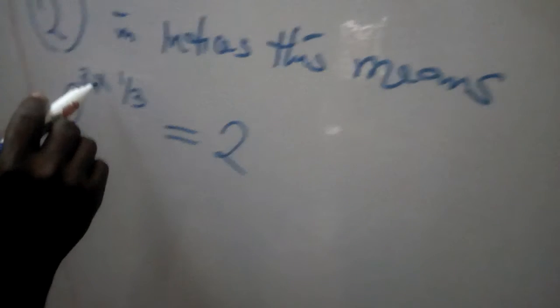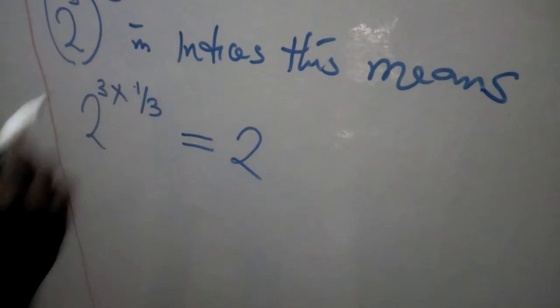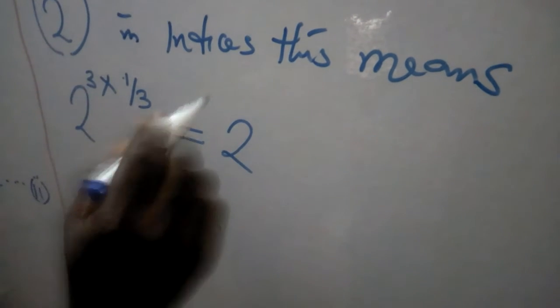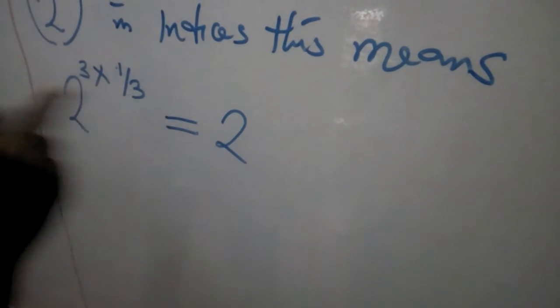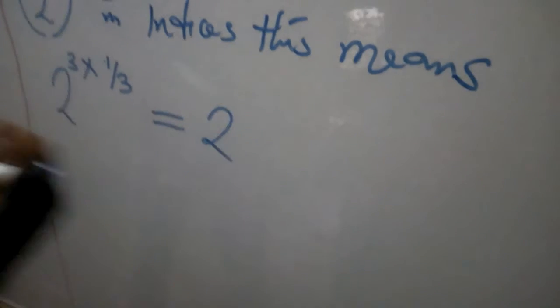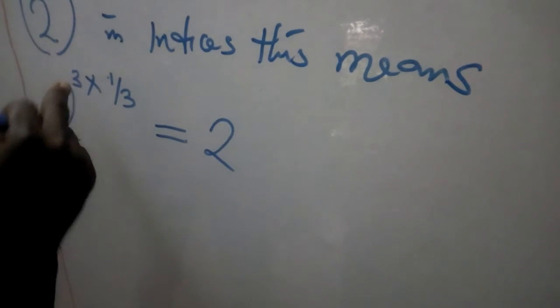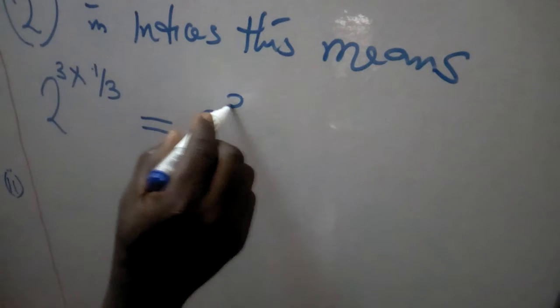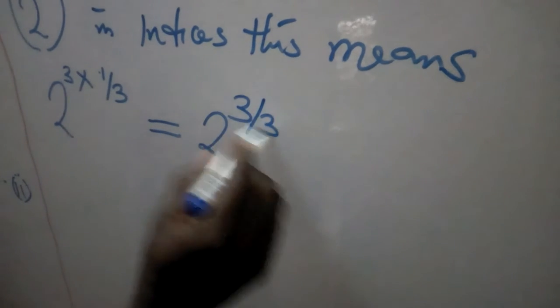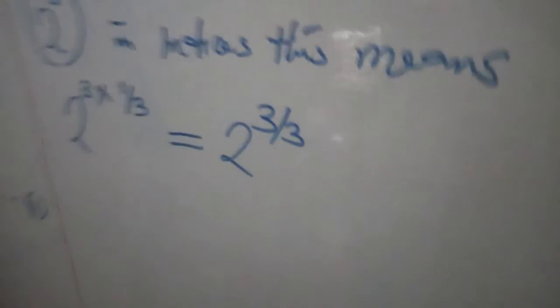The numerators are 3 and 1, while the denominator is 3. So you multiply the numerators, then divide by the denominator. So you now have 3 times 1 is 3, all over 3. This is what you have.